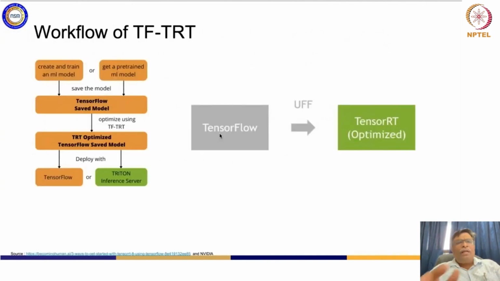Now, this is how it actually happens. You create and train an ML model, or you get a pre-trained ML model. Both are possible, right? You save that model. Obviously, you are training your model and then you are saving your model. Once you save that model, you get a TensorFlow saved model. Okay, there is something which is called a TensorFlow frozen model.